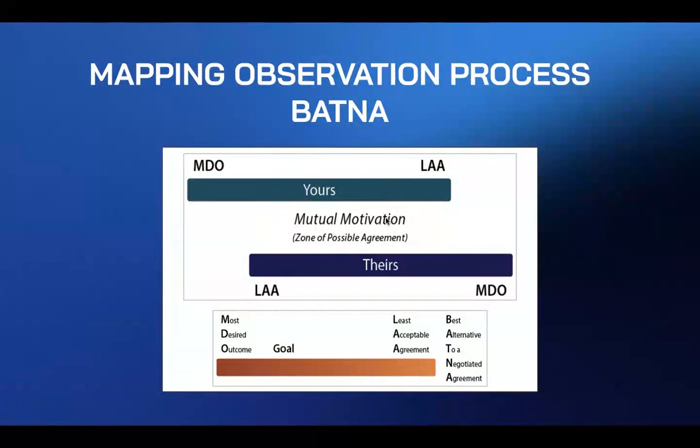Here is the mutual motivation zone and the zone of possible agreement, what we call BATNA, or best agreement to a negotiated... Maybe I am missing the A, but it's the Best Alternative to a Negotiated Agreement.